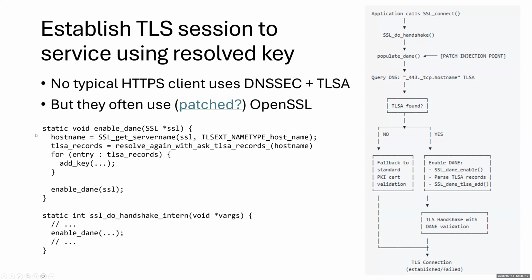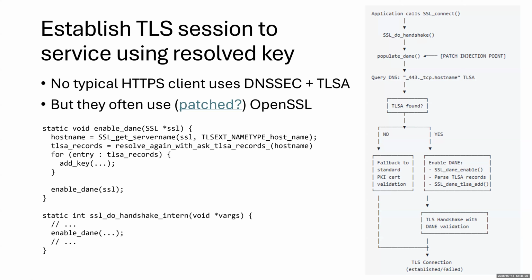So when we establish TLS sessions, we do need to do that initial bit of getting the TLSA key and configuring OpenSSL to make use of that, and only that, to connect. Unfortunately, there's not really enough configuration you can use to tell OpenSSL to do this. So we have a small OpenSSL patch in the repo that you need to apply.